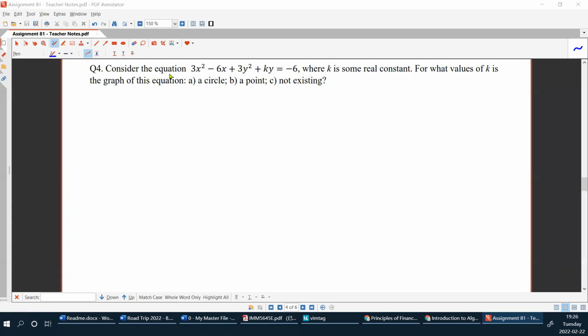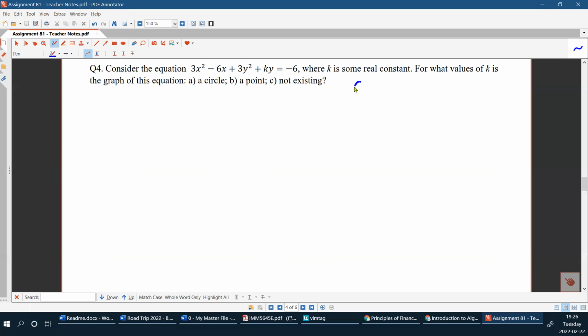Okay, to determine if this equation is a circle, a point, or something else, we need to check if we can convert it to the form (x minus h) squared plus (y minus k) squared equals some r squared, or equal to some other constant d. Then we check the value of d, whether it's greater than 0, equal to 0, or less than 0.